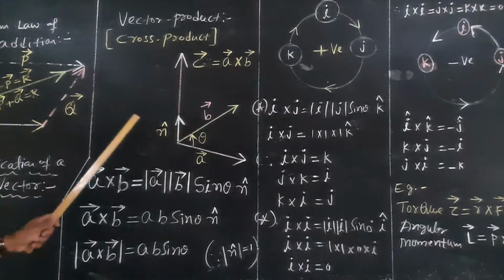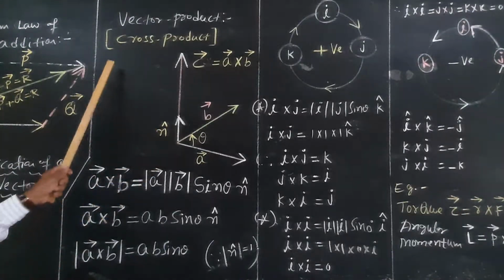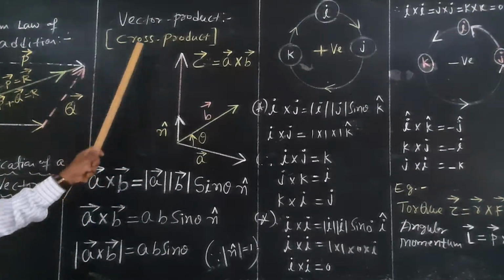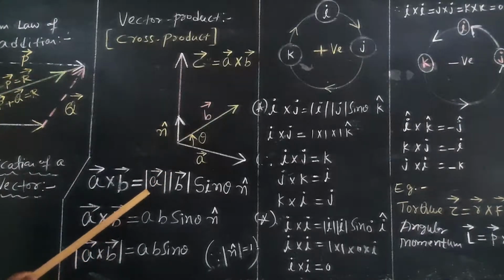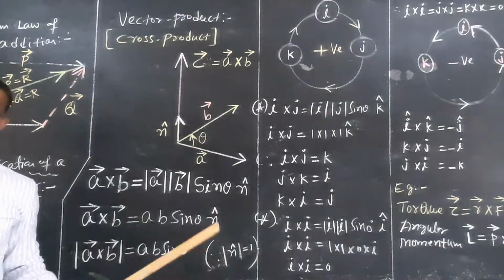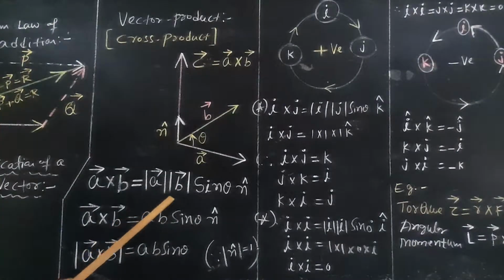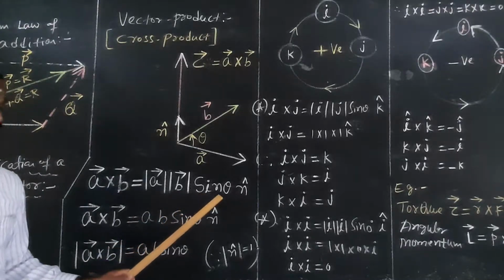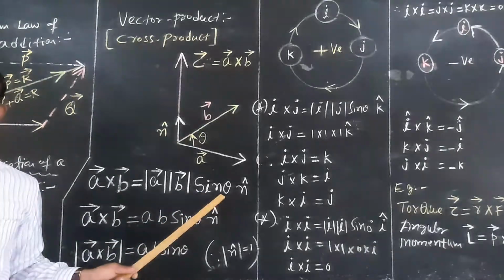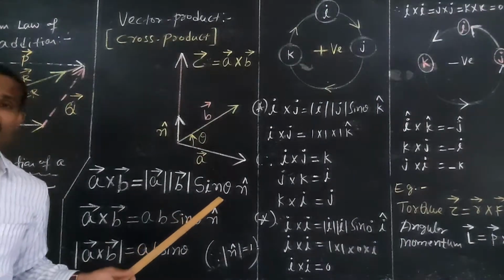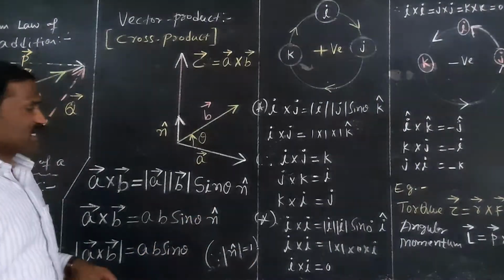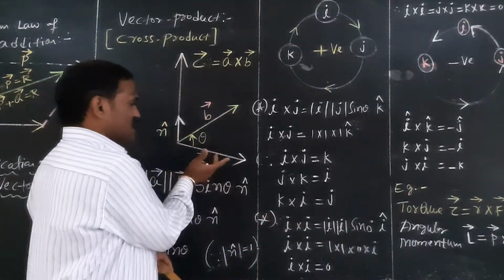The vector product or cross product of two vectors is defined as the product of the magnitudes of the two vectors and the sine of the angle theta between the two vectors, when vector A is crossed with vector B.